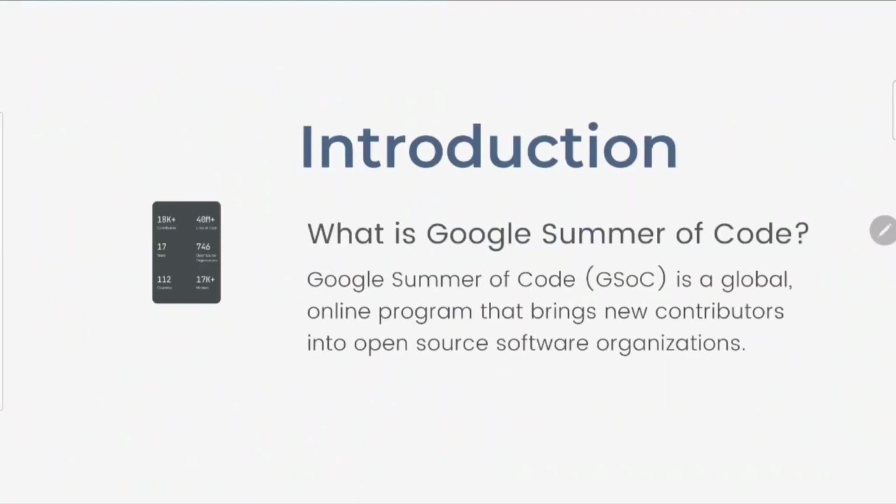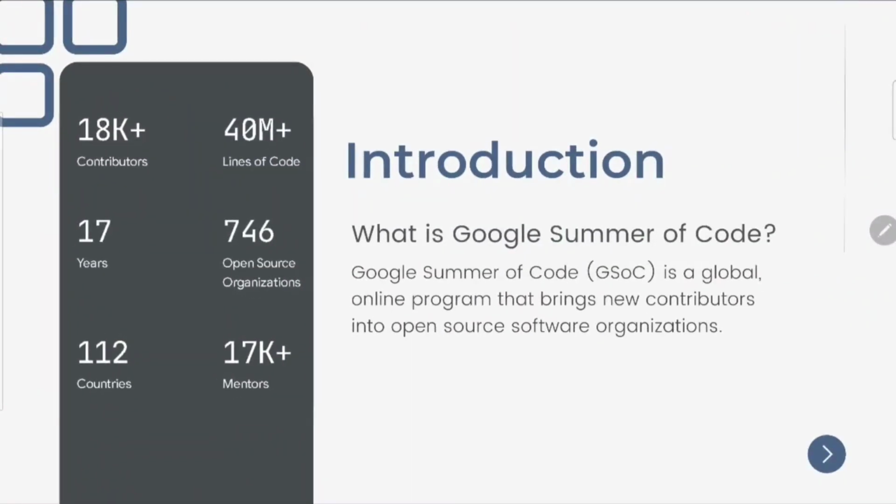So basically, what is GSoC? Google Summer of Code is a global online program that brings new contributors into open source software organizations. It was basically started in 2005 and was focused on university students to enter into open source, right? And the GSoC contributors basically write code and become part of open source communities while making some money alongside.